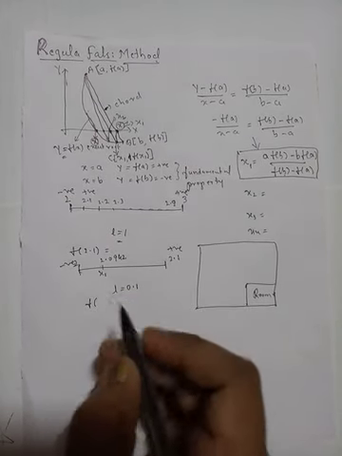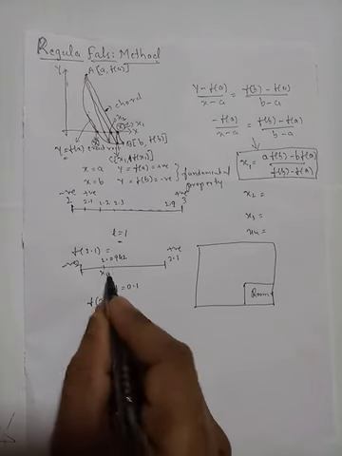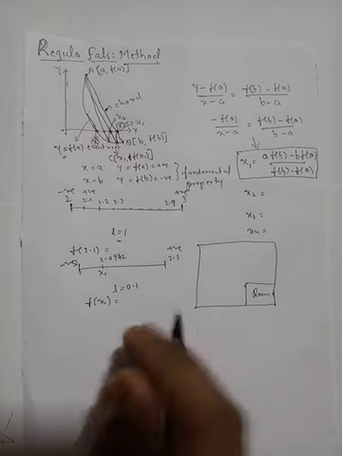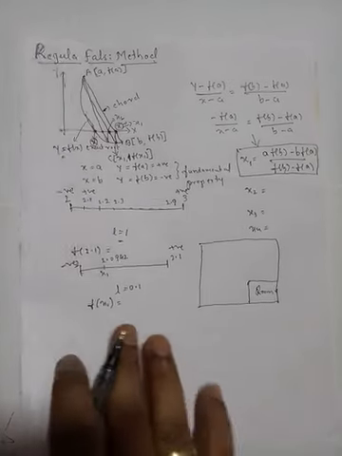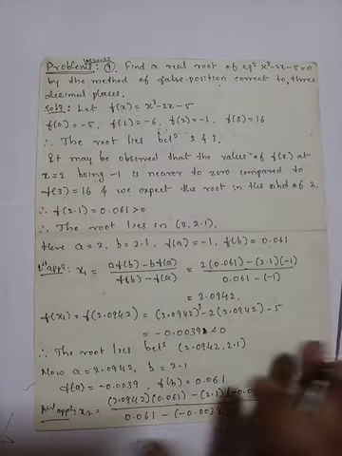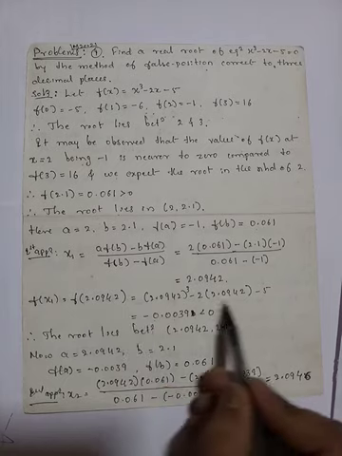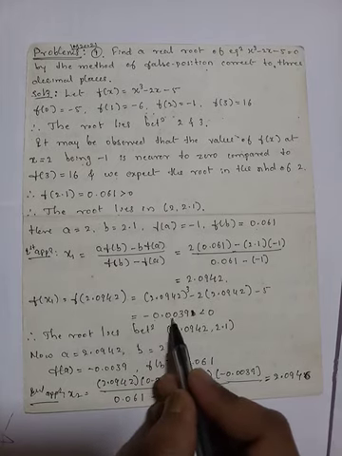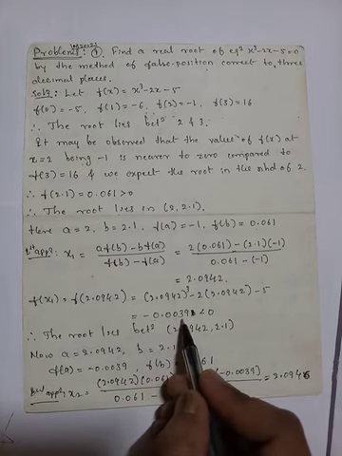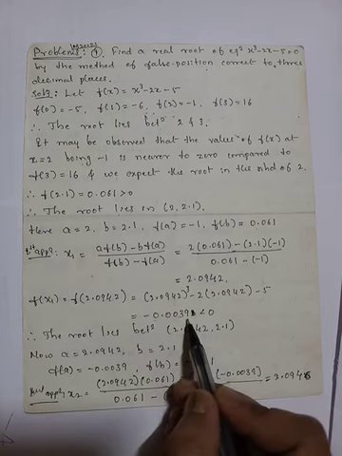This is our x1. Now we substitute this value of x in the given function, and we see whether we get negative or positive. Substituting this value in the function, the value is minus 0.0039, which is negative.